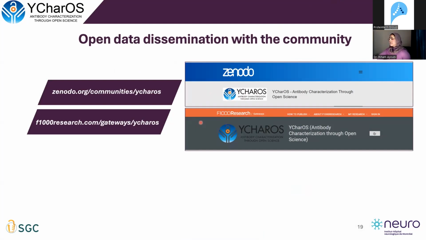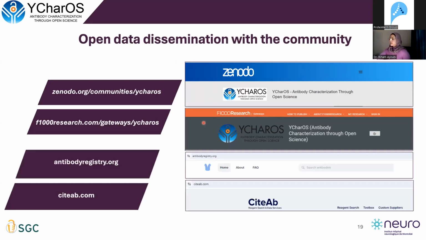Some are also submitted to F1000 as data notes for peer review and PubMed indexation. When applicable, our data is also incorporated in the product page of the tested antibody on the antibodyregistry.org and on the antibody search engine SciDab, which I will mention a little bit later on in the presentation.